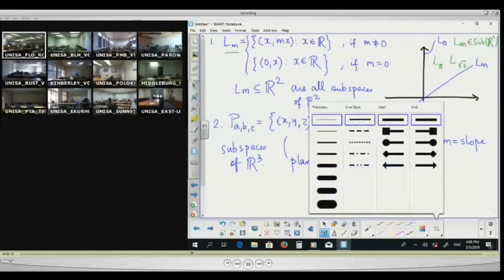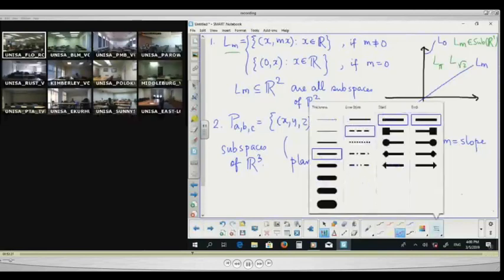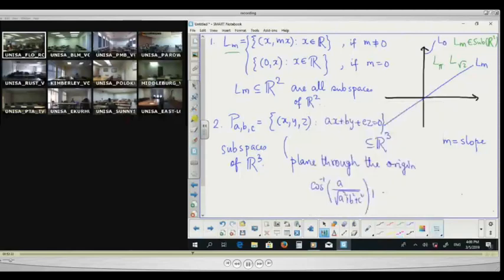Let me take, say, this one. Okay? Say this is another line, say l_n. l_m union l_n. That cannot be a vector subspace. Okay? Why? Let's see.